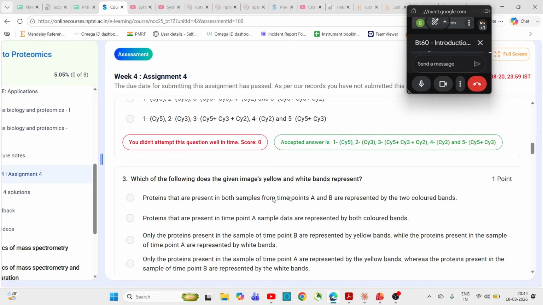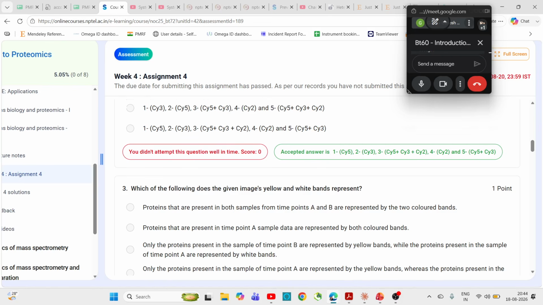Do you think this is right? This is generally talking about the internal standard first, because they are present in both the samples. Proteins that are present in the time point A sample are represented by both colored bands, or only the protein present in the sample of time point B are represented by yellow bands, while the proteins present in time point A are represented by white bands.